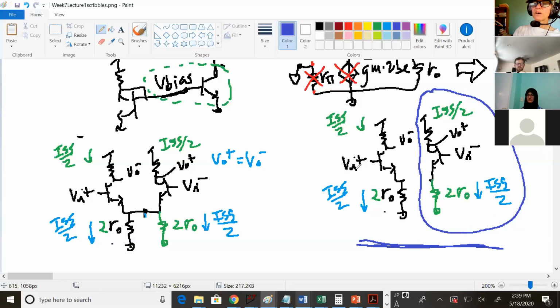Or I could have picked this other side and said, when I move Vi plus, how much does V out minus move? Okay. Satisfied? The fact that they're connected doesn't affect their total gain because the relationship between the V outs and Vns are the same. Yes. Well said.